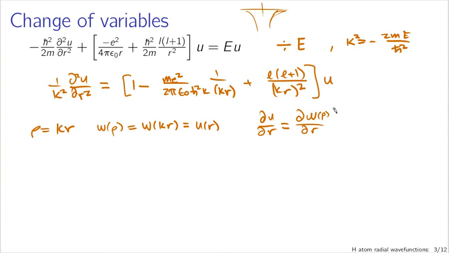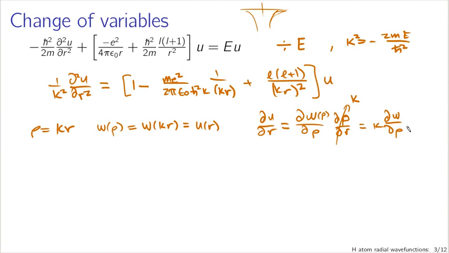If I want to differentiate a function of ρ with respect to r, first I differentiate with respect to ρ, and then I multiply by the derivative of ρ with respect to r. The derivative of ρ with respect to r, of course, we know what that is. This is just k. So this is going to be k dw/dρ. I shouldn't write p's, I should write rhos.